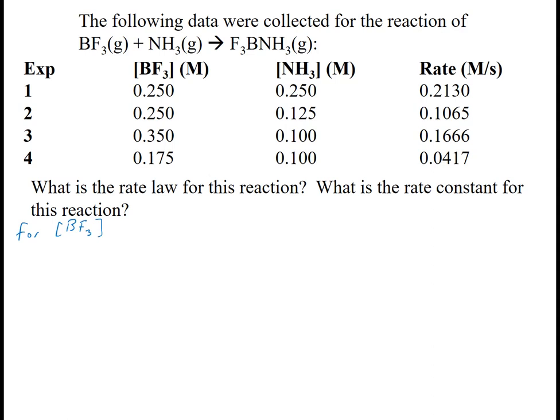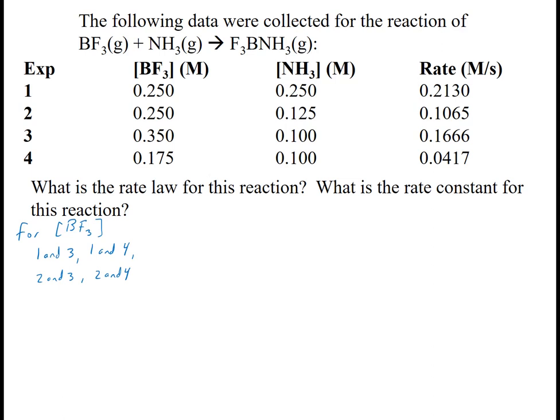I could have 1 and 3, 1 and 4, 2 and 3, 2 and 4. Experiments 1 and 2 are the same, so I went with these 2 and these 2. Those are my 4 possibilities. These are the ones that are different.